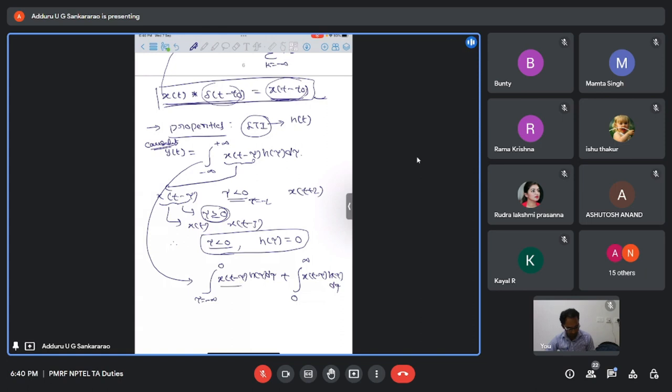Now in the first part, x depends on the future values. But y of t should not depend on future values. How to make this 0? If I take h of tau as 0, then this entire term will become 0. That means if h of tau is 0 for tau less than 0, then the dependency on the future values of x of t is removed.